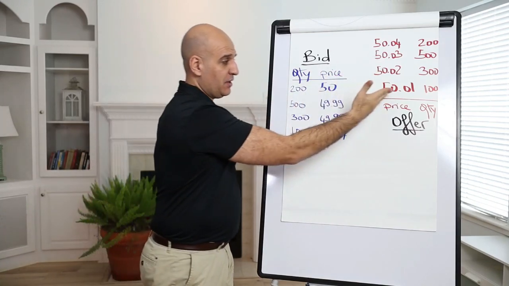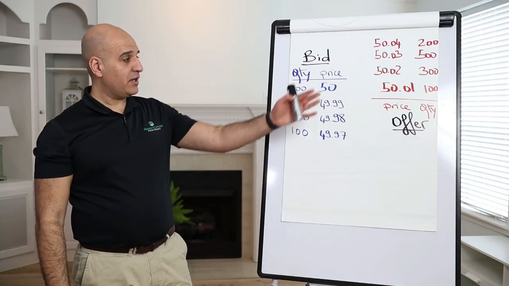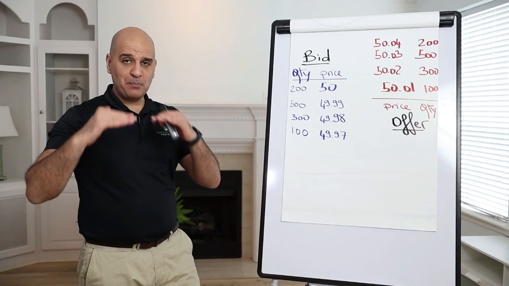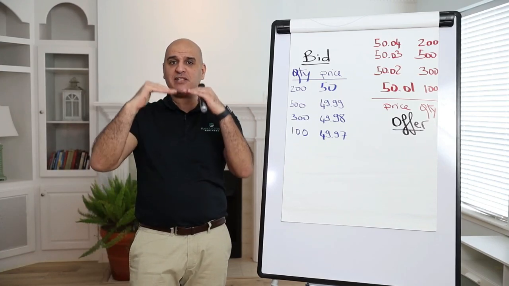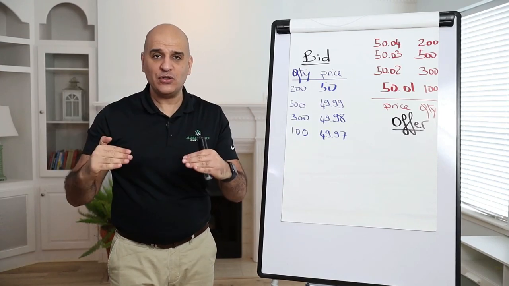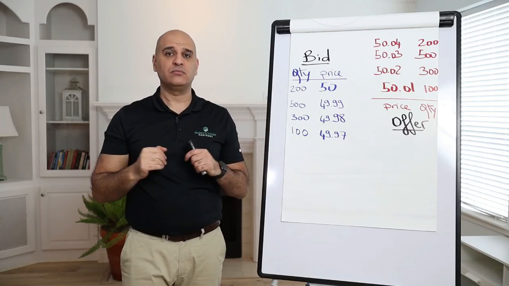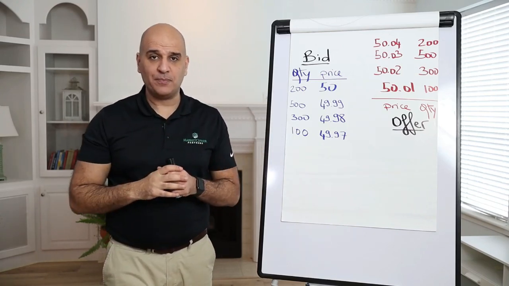Well, in this case, guess what? I can get done 100 shares at $50.01. But by putting the limit, I know what's the maximum price I'm going to get. It will never go above that. That's the advantage of a limit order.